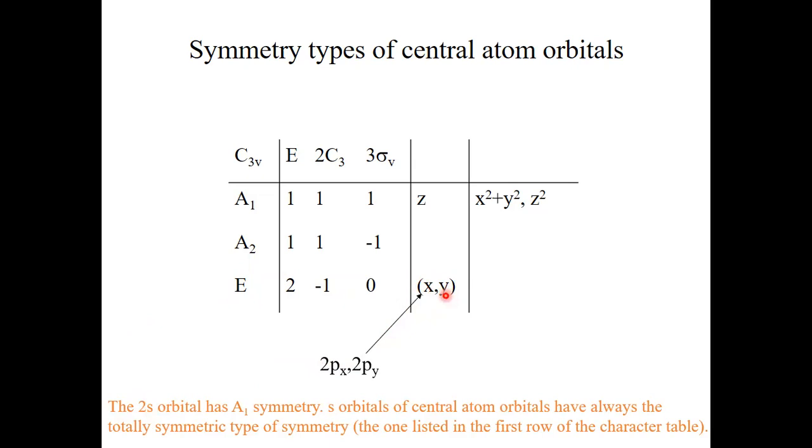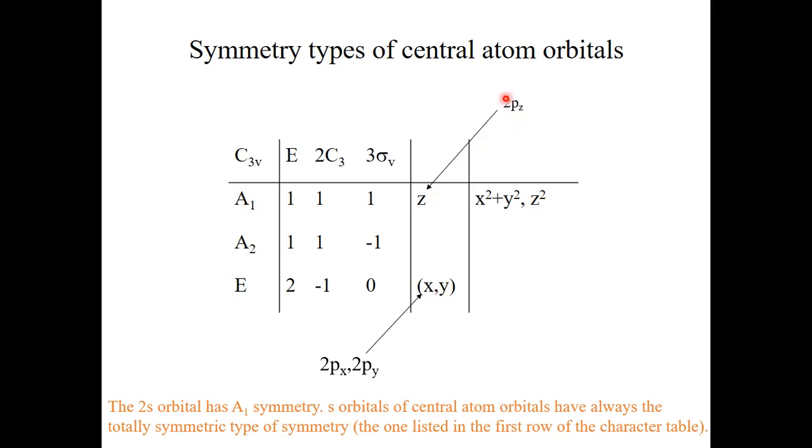Okay, and that again tells you that these two orbitals are double degenerate in the point group C3V. And last but not least, we have the 2pz orbital. You see the letter Z here in the row for the irreducible representation A1, and that just means that our 2pz orbital has that respective symmetry type.